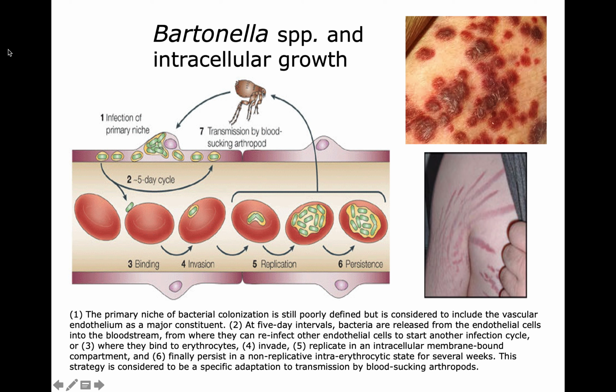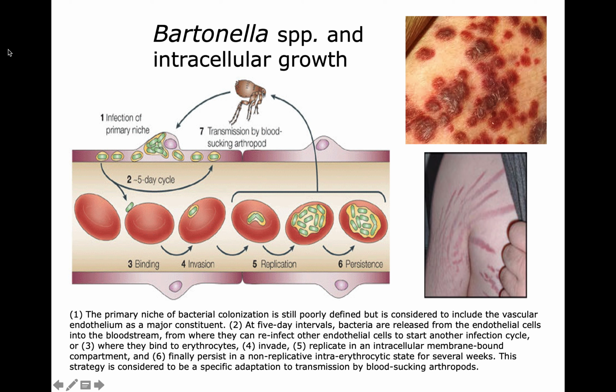If the red blood cells are infected, the bacteria will stay there and pretty much be dormant. It is a neat strategy that the bacterial cells have formulated over the years, because if another flea takes up that blood cell, the bacteria can be given to another host.